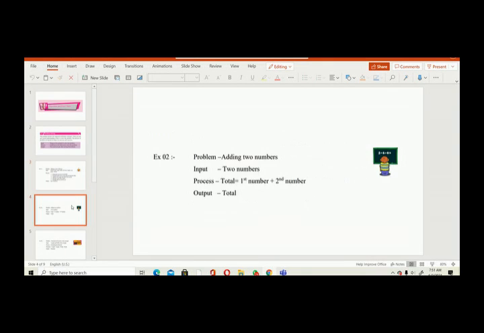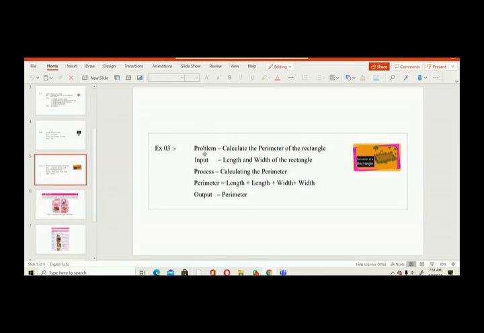So likewise, we looked at some examples of how we solve a problem using these 3 steps: input, process, and output. Right? Then when we write the algorithm according to these steps, it is very easy for us to write the algorithm.